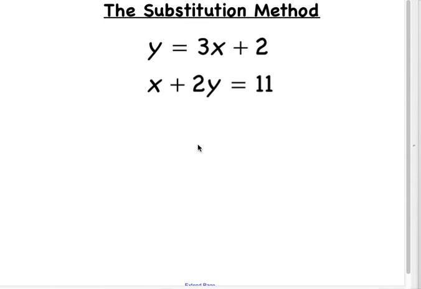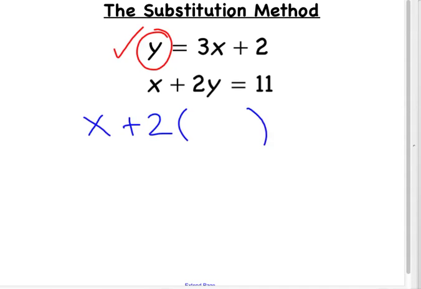With the substitution method, you need one of the variables solved completely. So this means my y is isolated, so this one is good. What I'm going to do is look at the other equation. I'm going to do this in blue. I'm going to write x plus 2, and now instead of this y, I'm going to put this, because the top equation tells me that y is equal to 3x plus 2.